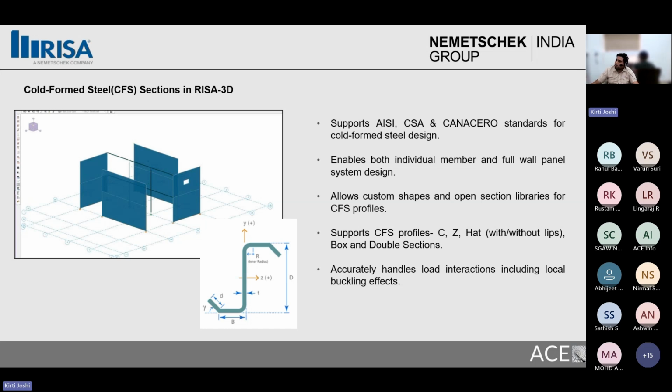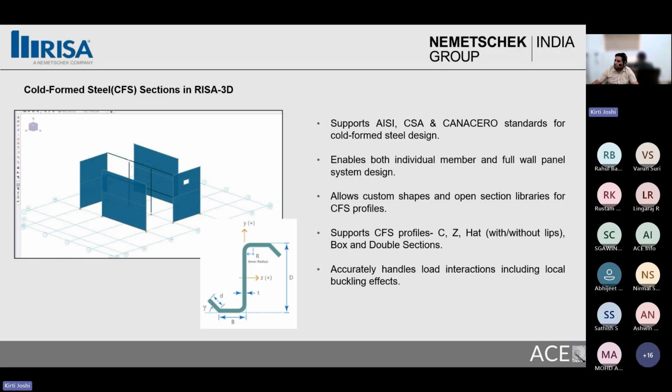It also considers local buckling effects, and the cold formed steel properties are available in the database within RISA. You can also input your own basic shapes, and once you create your own, the properties will be calculated automatically.